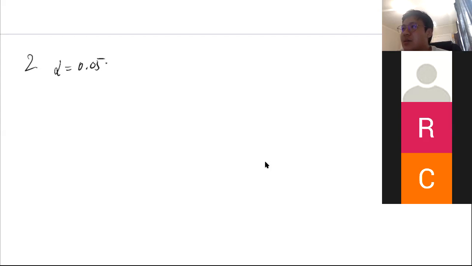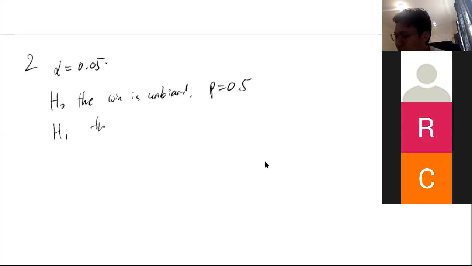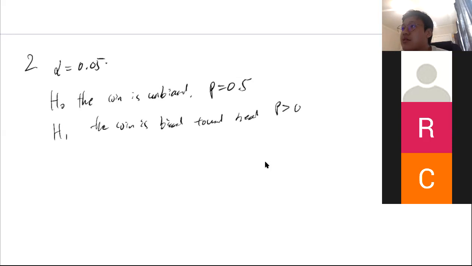In this case, our null hypothesis is that the coin is unbiased, meaning that the probability of flipping a head is 0.5. And our alternative hypothesis is that the coin is biased toward heads, which means that P is greater than 0.5. So that's the setup of assumptions for the experiment.